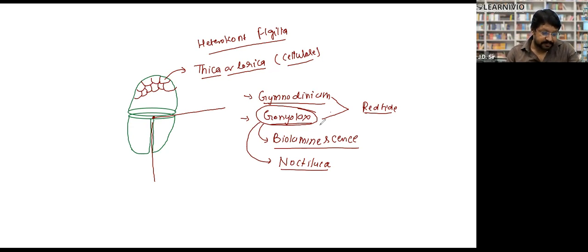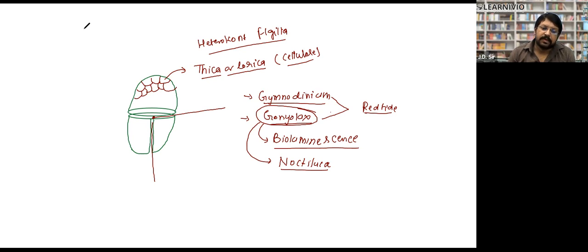Next point. Cells are generally covered with a rigid structure called theca or lorica.